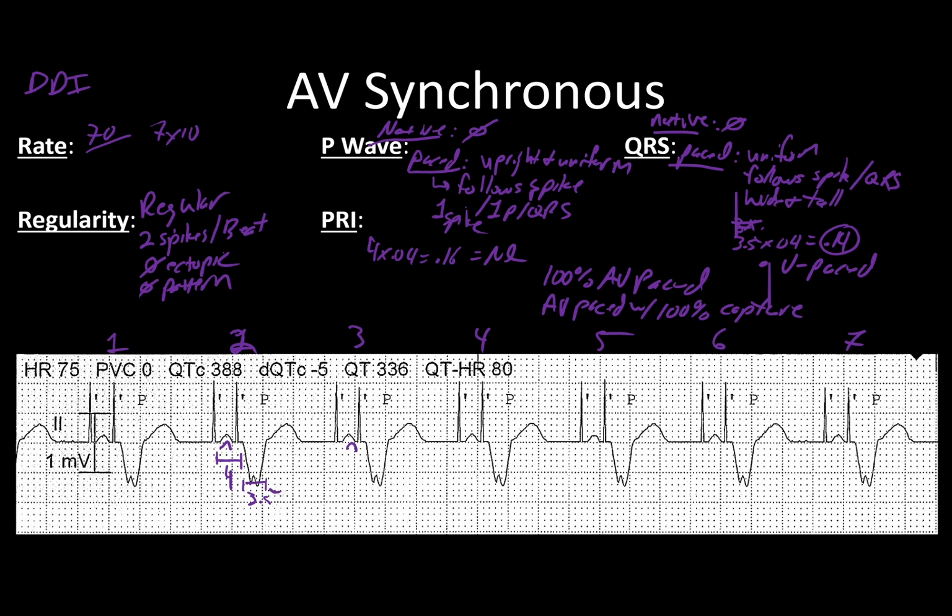I've also seen it as 1-to-1 AV paced, and I've recommended that in the past because it's just simpler to write. Any of these are really appropriate as long as you're pointing out the fact that the patient is totally dependent on the pacemaker during the strip that you see in front of you.